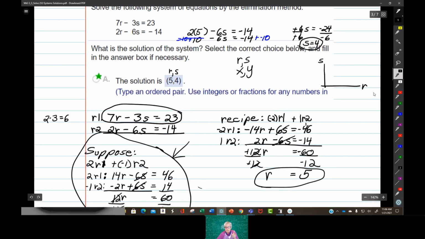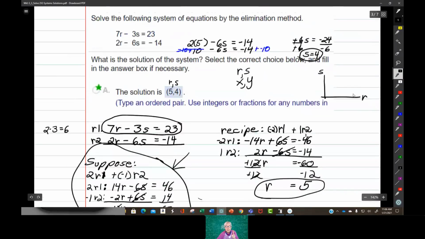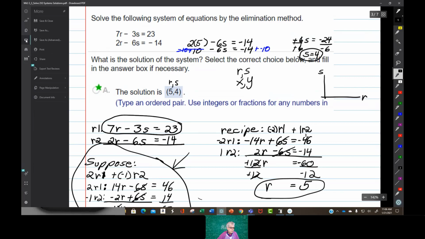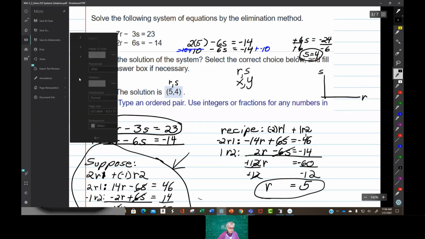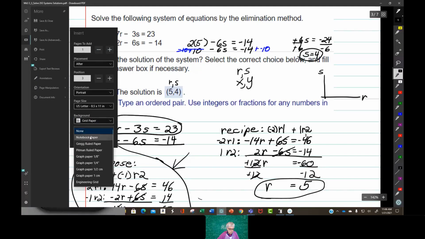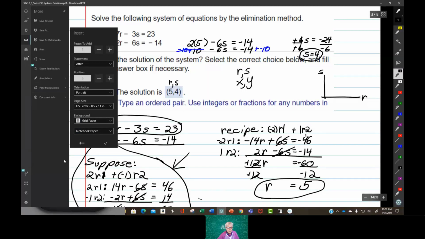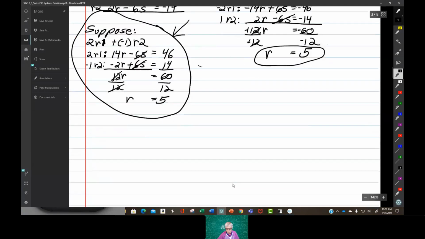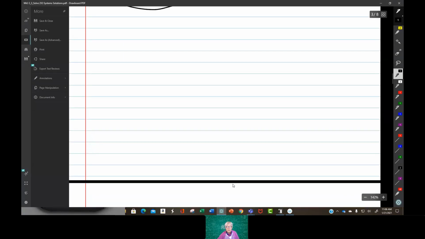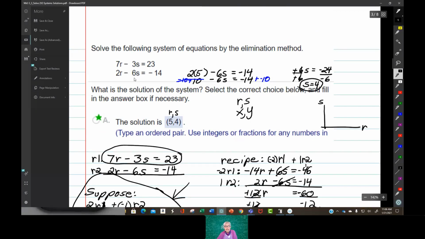Now, I need to check on something. Aha! I want to do this problem an entirely different way, so I'm going to insert a page right here. And there should be a blank page over here. Good. Now I went for the easier way, but it's not the most interesting way to solve this.